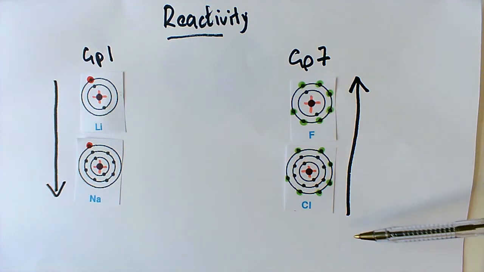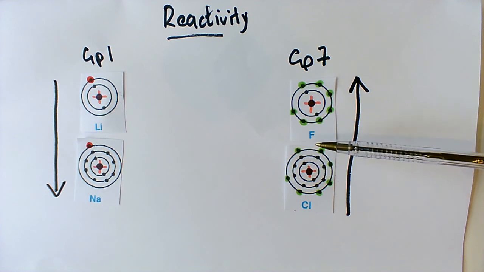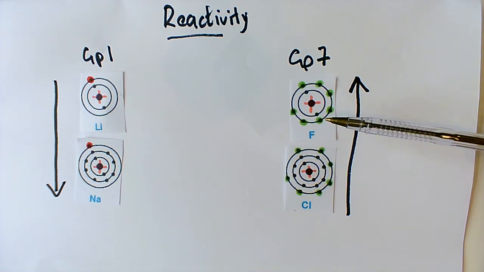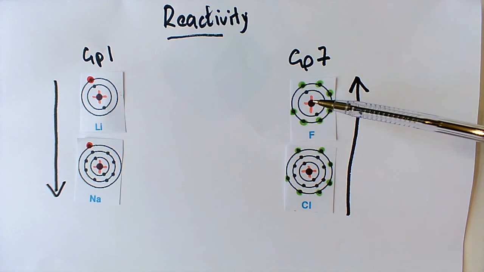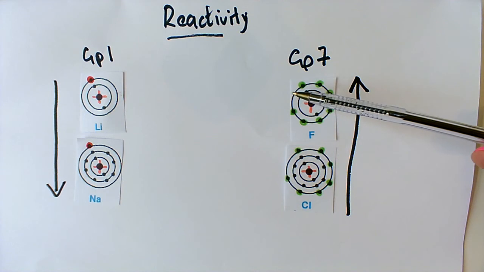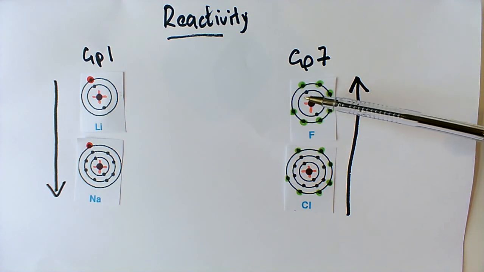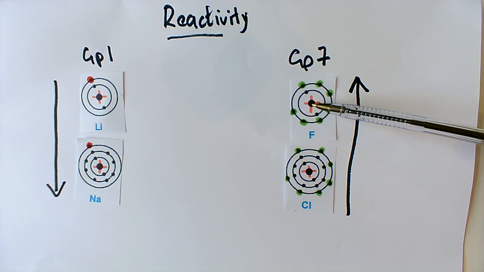So why is fluorine more reactive than chlorine? Again, it's to do with the position of the electrons relative to the nucleus. So this position here in fluorine, where it wants to fill that gap with an electron from another element, is closer to the positive nucleus.